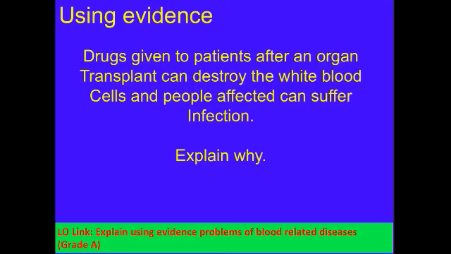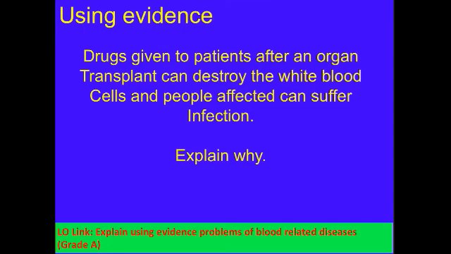Okay, so using evidence. Now this is for grade A. This can take the form of any given scenario. So the examiners could give you some data. They could draw on your knowledge from grade C and grade B about knowing the different parts of the blood and what they do, and give you a scenario. For example, I'll give you a scenario here. Drugs given to patients after an organ transplant can destroy the white blood cells.